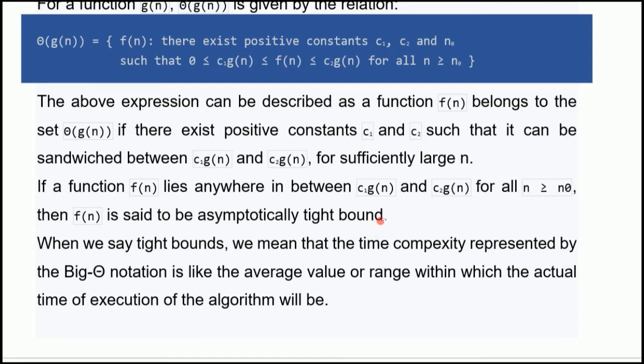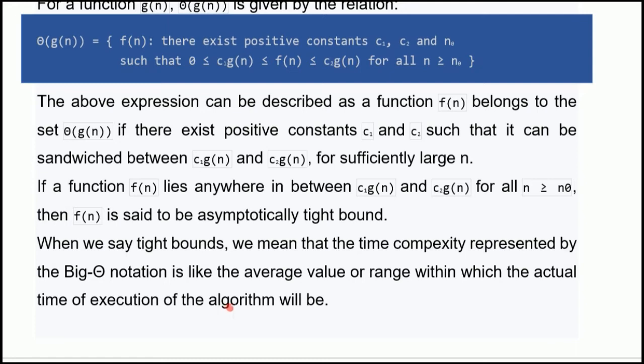Remember, if function f(n) lies anywhere in between c1 g(n), that is the first input or minimum input, and the large input c2 g(n), for all n greater than or equal to n0, then f(n) is said to be an asymptotically tight bound.